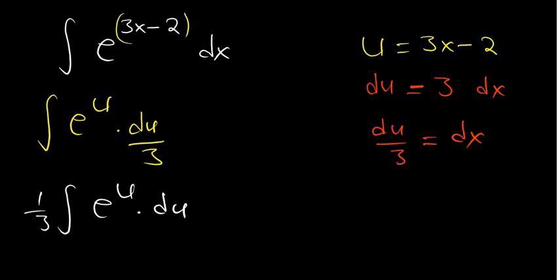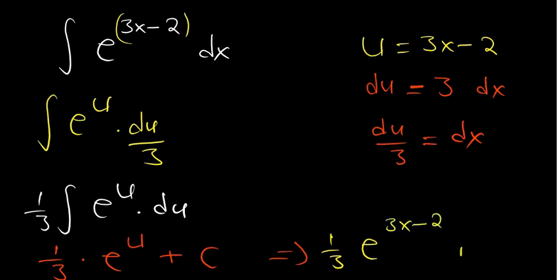So therefore, we have 1/3, and if we integrate, it will still be e to the power u plus c, right? So this can be expanded as 1 over 3 with e raised to the power 3x minus 2, and then plus a constant c. So that's our answer there.